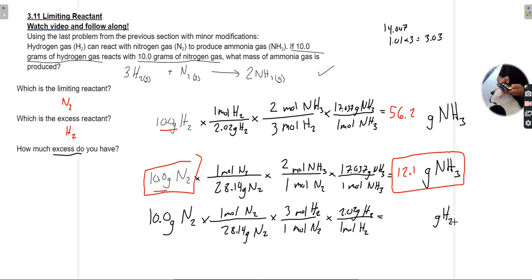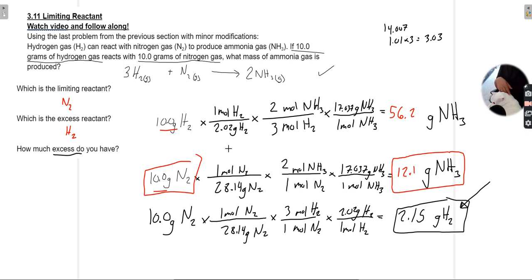So 10 divided by 28.14 times 3 times 2.02, and we get 2.15 grams of hydrogen. So 10 grams of nitrogen will react exactly with 2.15 grams of hydrogen.